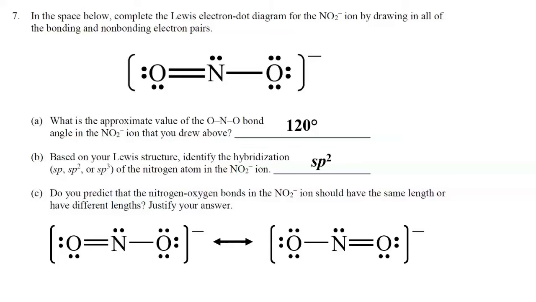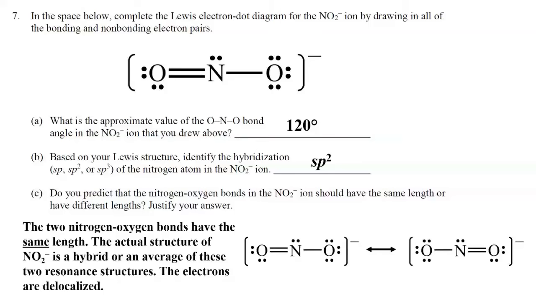So the actual structure of this ion is a hybrid or an average of these two resonance structures. So the answer to part C is that the two nitrogen-oxygen bonds in this NO2- ion actually have the same length, where the electrons are delocalized.